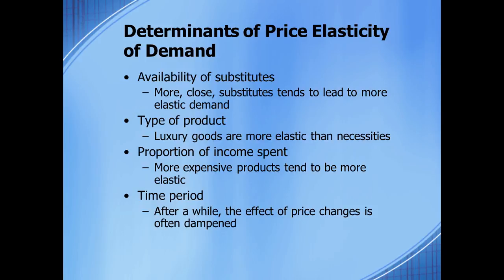And then we think about a time period. Now after a while the effects of a price change is often dampened, and a clear example of this is petrol. Now if the petrol price is increased, we all fill our tanks up, but that doesn't last long. So we think, well, we'll start walking more, or we'll start getting the bus. So an increase may see a temporary change and our demand lessened, but it's only for a very short period of time, and then we're back to our usual demand.